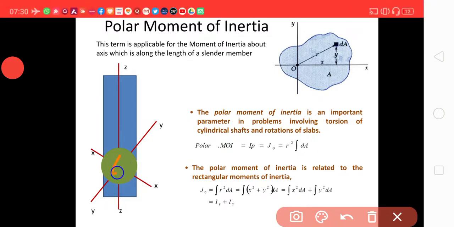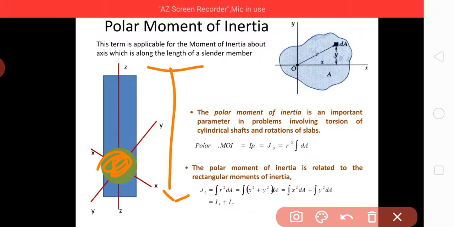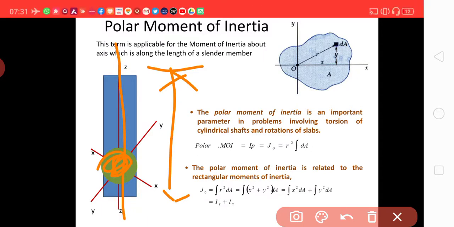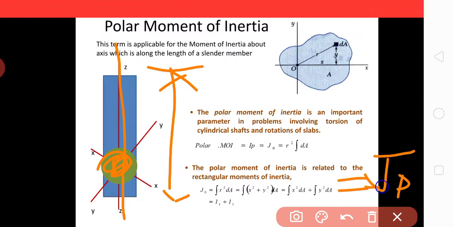This is the small cross section area, and this much is its length. So we call it the pole, and the moment of inertia about the z axis we will call the polar moment of inertia. Apply the parallel axis theorem here. You will find Jo equal to Ix plus Iy, or Jo you can say is Jp, polar moment, sorry, Ip.